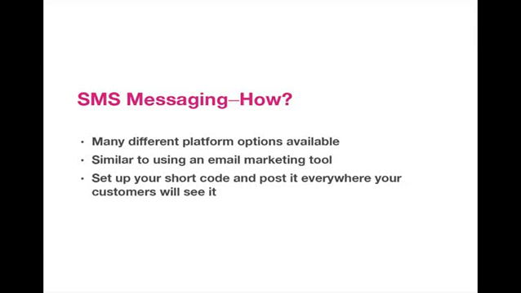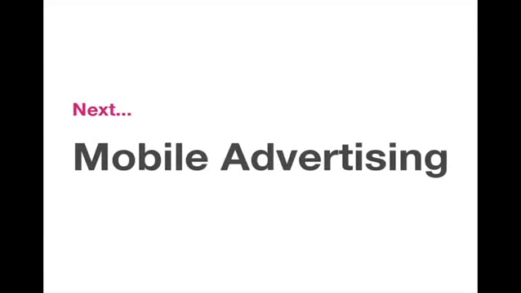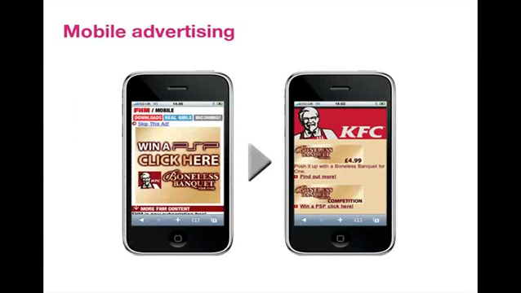The one special thing that you have to do with SMS messaging is that you have to set up your short code. And obviously you want to post that short code wherever you can so that your prospects and your customers can see it and use it. But a short code, if you're not familiar with that, is just one of those short little phone number codes that you put on signs so that people know to text coupons to Subway or whatever it is, or coupons to 90210, so that you can send them out the coupons.